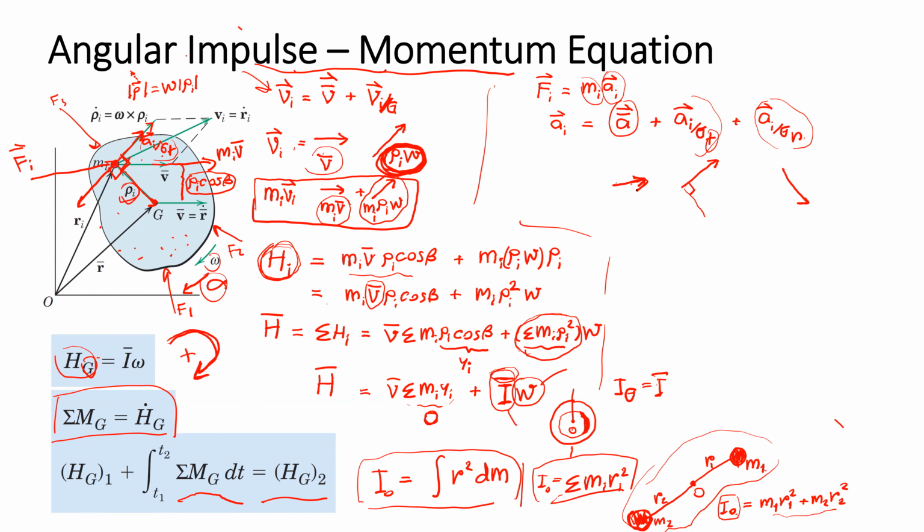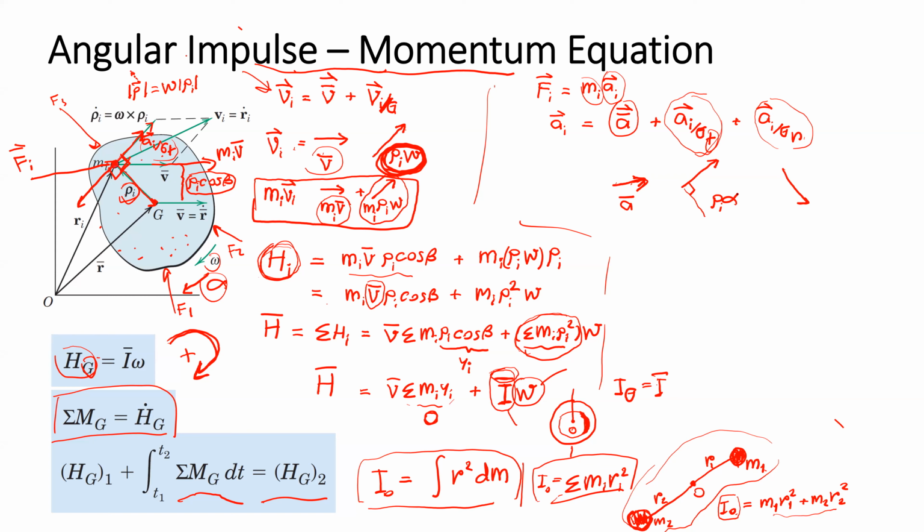The magnitude of the A bar vector is A bar. The magnitude of the tangential acceleration depends on the magnitude of the radius multiplied by the magnitude of alpha.